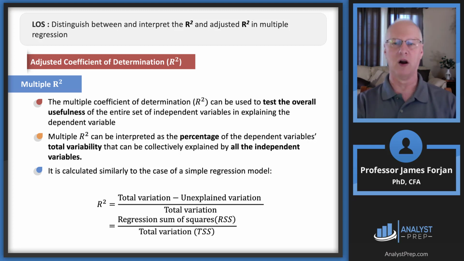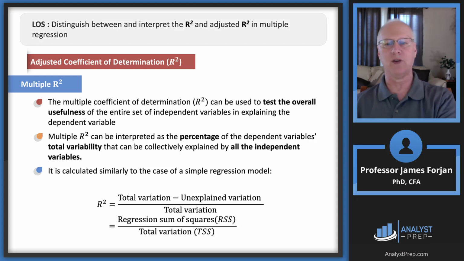Now remember R is the correlation coefficient. R squared is correlation coefficient times correlation coefficient, but now we have to call this the multiple R because we have a bunch of independent variables. But the equation down at the bottom is exactly the same as what we talked about back in simple linear regression. It's total variation minus unexplained variation over total variation.